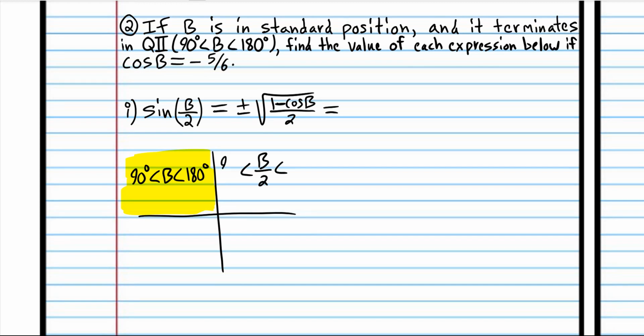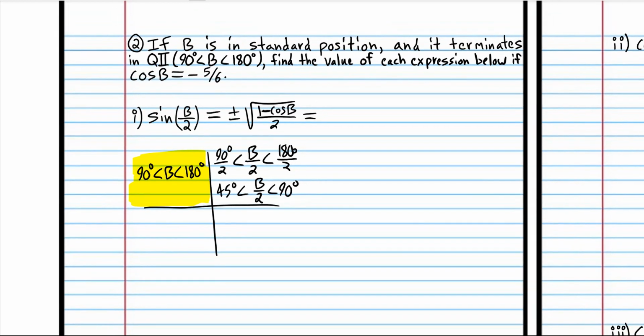Well, we just divide each of those numbers by 2. And we end up with 45 degrees and 90 degrees. So that's important information. We now know that B over 2 terminates in the first quadrant.